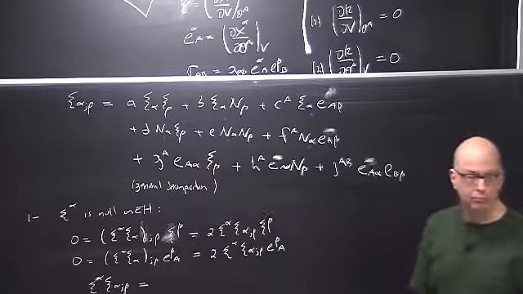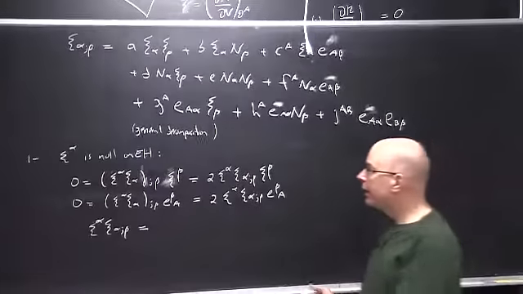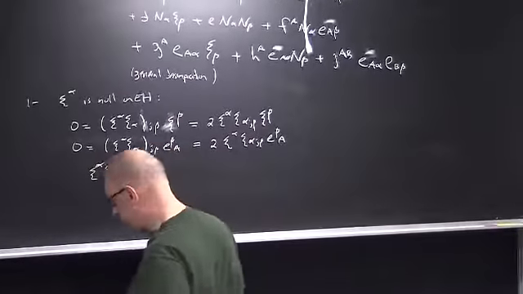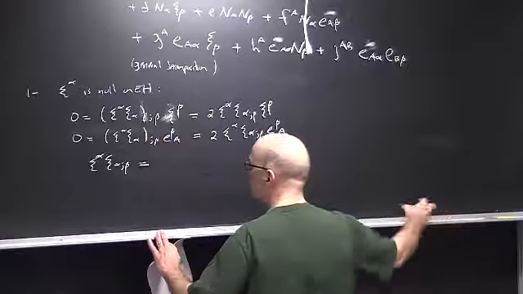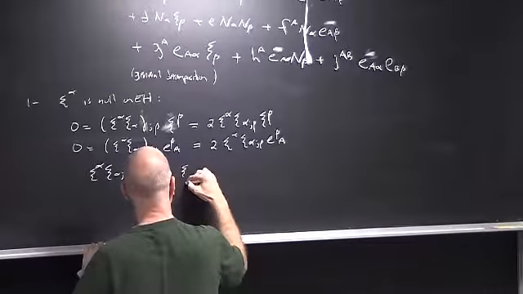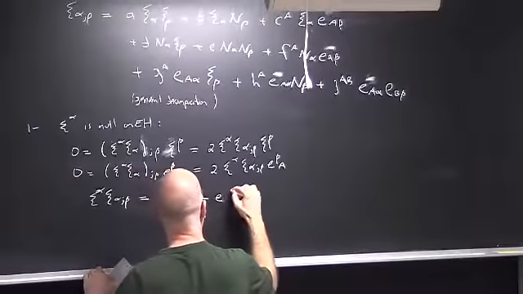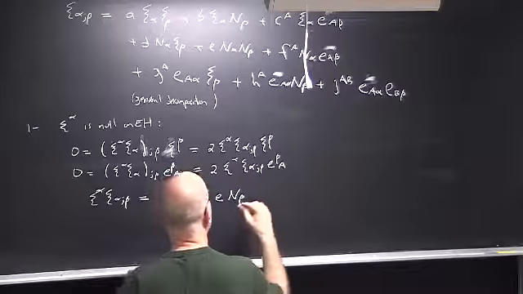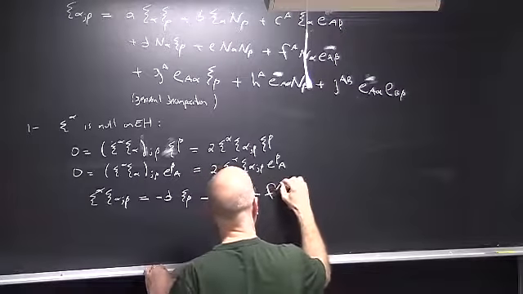So when I calculate this, I get minus d c beta, I get minus e n beta, and I get minus f a e a beta.